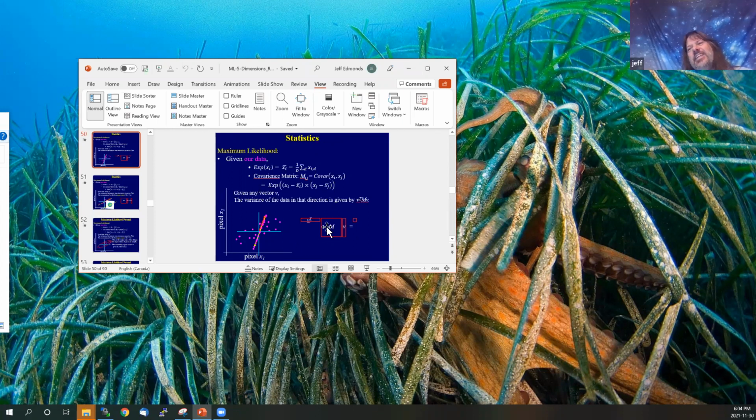Then you form this covariance matrix and you learn something. Here's just a quick calculation: this matrix is 10,000 by 10,000, so that's 10,000 squared numbers that we're getting out of this data.